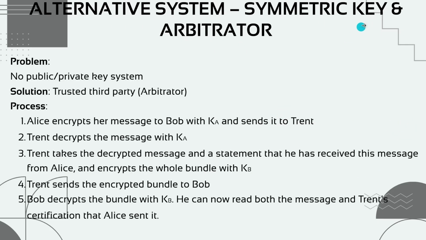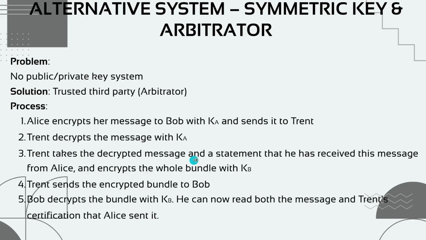Alternative system: symmetric key and arbitrator. The problem is that there is no public or private key system. In that case, the solution is a trusted third party, the arbitrator process. Alice encrypts her message to Bob with KA, her key, and sends it to Trent. Then Trent decrypts the message with that key.